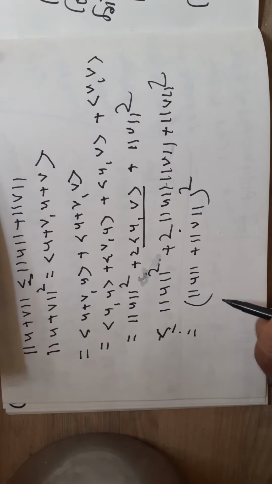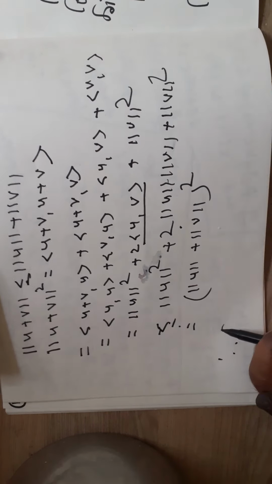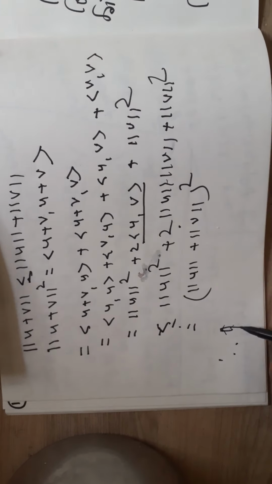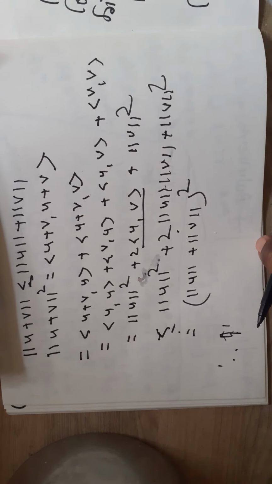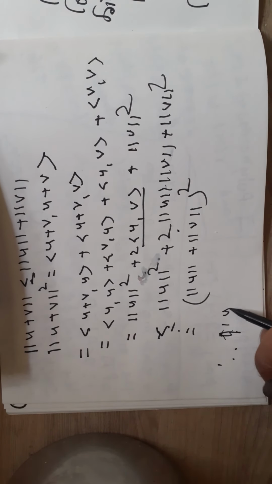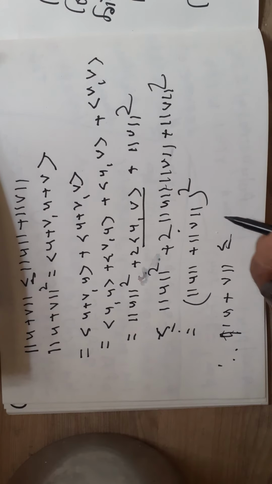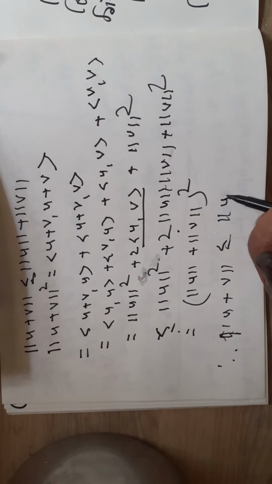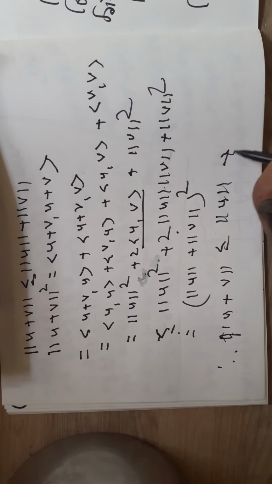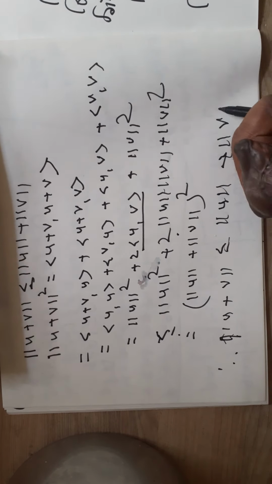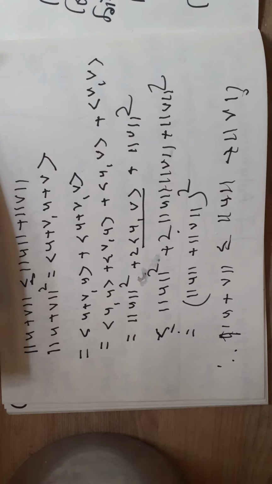Now taking the positive square root of both sides, we get norm of u plus v is less than or equal to norm of u plus norm of v, and therefore the theorem is proved here.